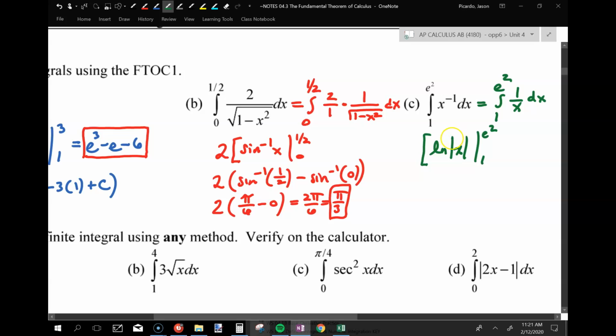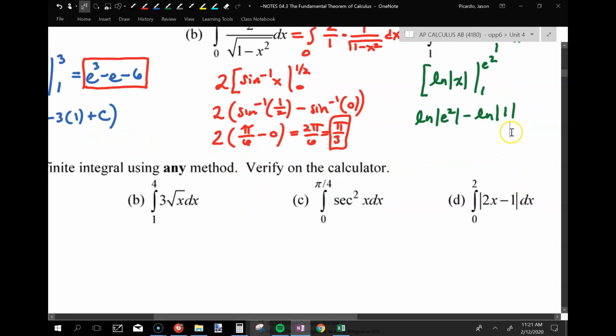Let me try to write that a little smaller. There we go. All right, so we're going to plug in the e squared. We're going to plug in the 1. We're going to take the difference. Now, guys, I'm going to magically just get rid of these absolute value signs. Why is that okay? They're already positive, right? Yeah, they're already positive values.